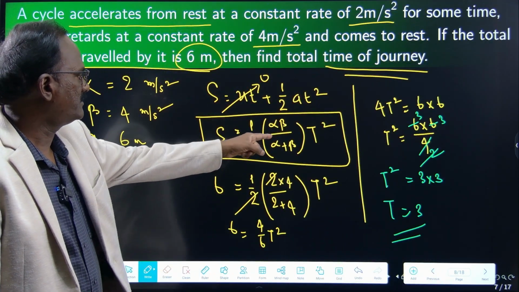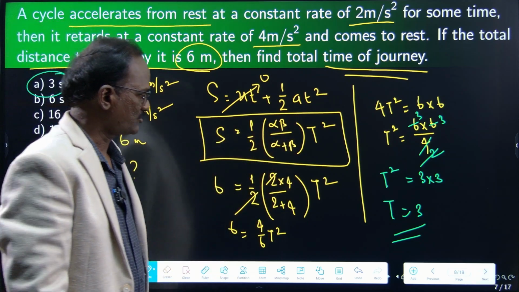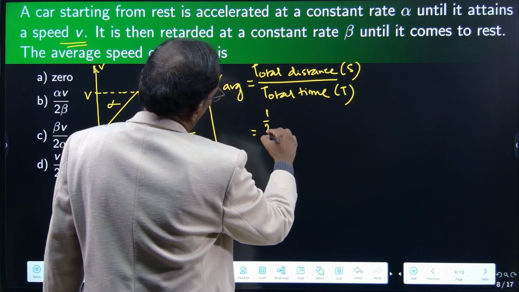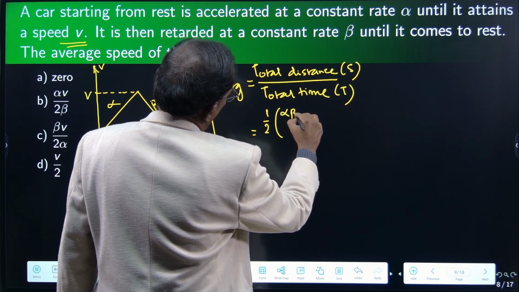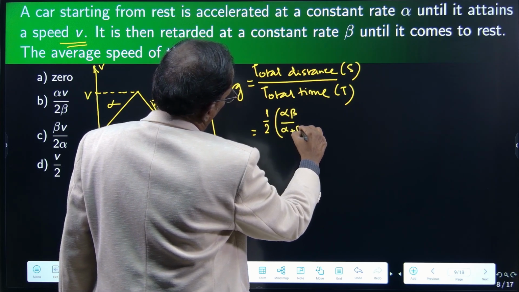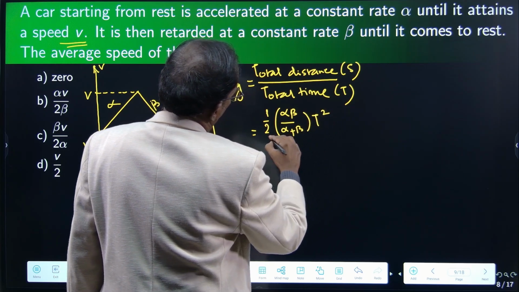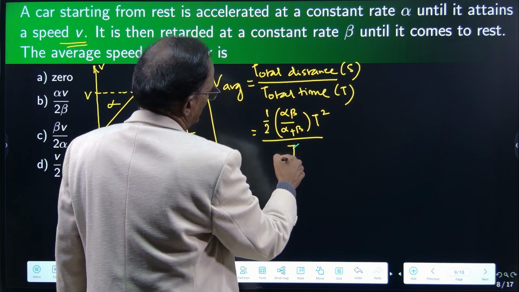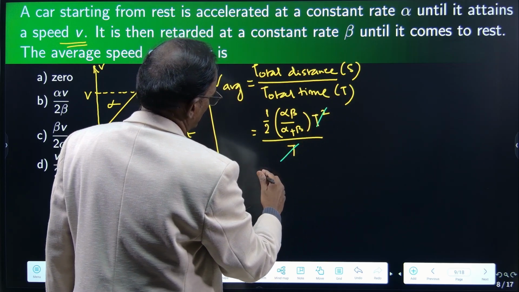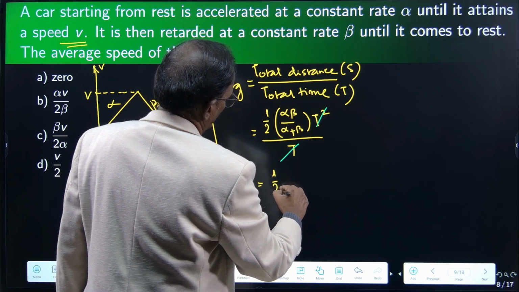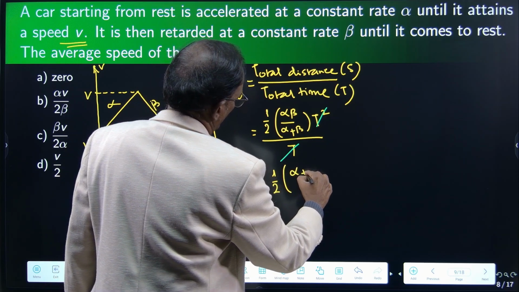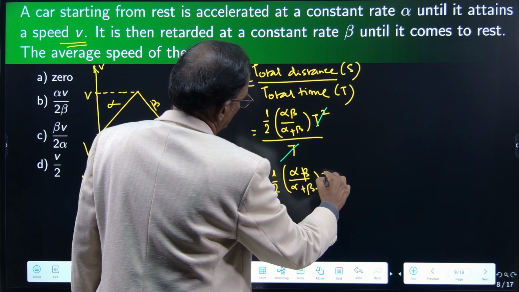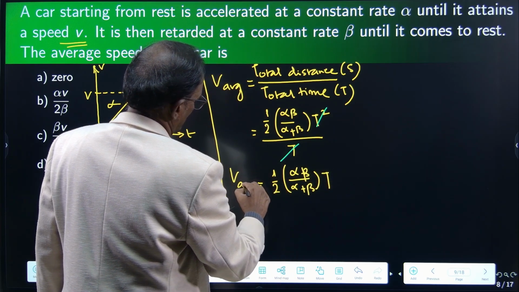S is equal to half combined acceleration t square. So this is half combined acceleration t square divided by t. So when t is removed, this is half alpha beta divided by alpha plus beta into t. This is average speed.